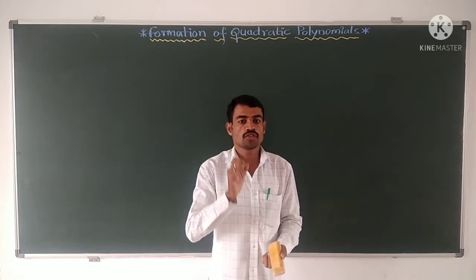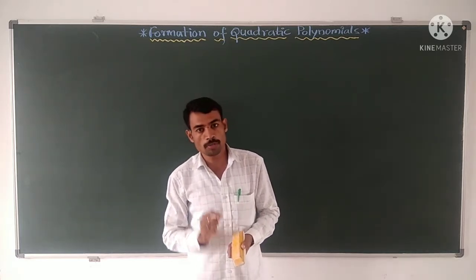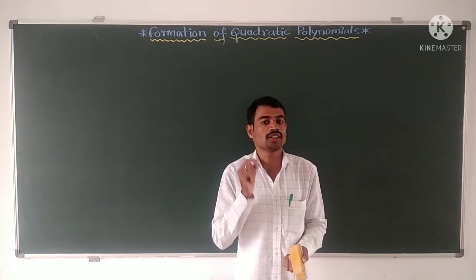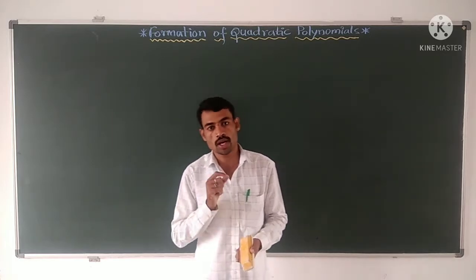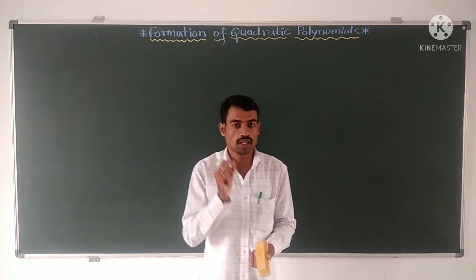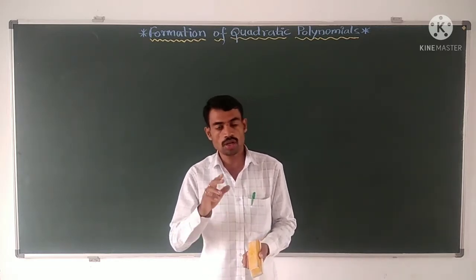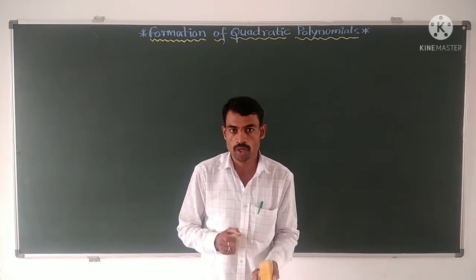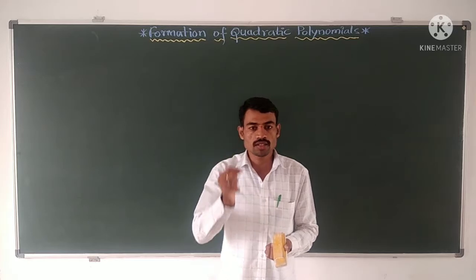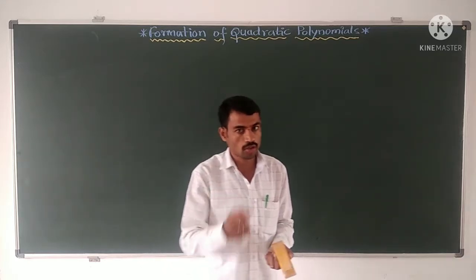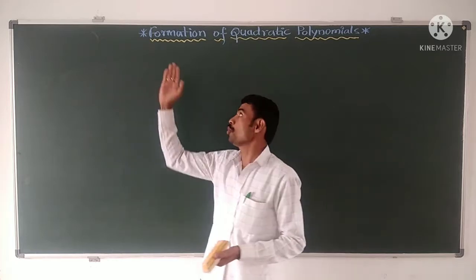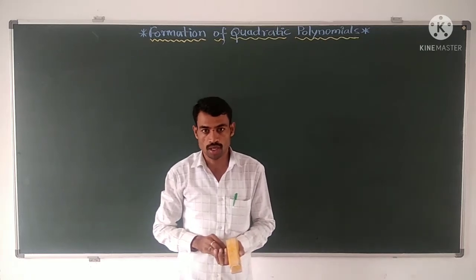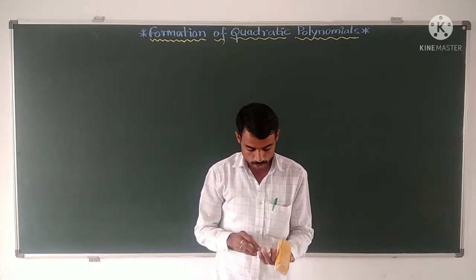We have one general formula for the formation of quadratic polynomials when the sum and product of the zeros are given. Clear? When they give the sum of the zeros and the product of the zeros, at that time, how to create the quadratic polynomial, that we have to discuss today.